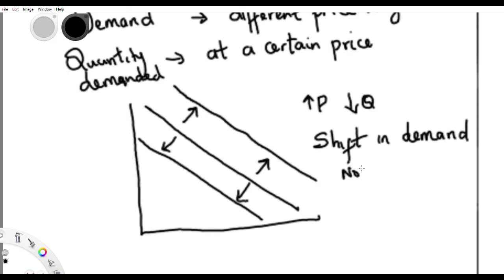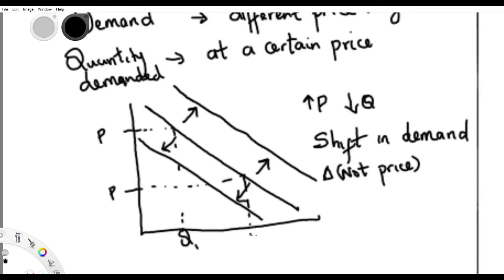A change in any other thing that is not price, because change in price only moves you along the curve. For example, this is the price, this is another price here. By the time you trace it to this place, the quantity demanded is at this point, and by the time you trace it to this point, the quantity demanded now is at this point.